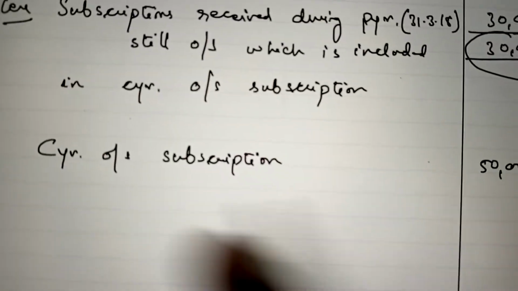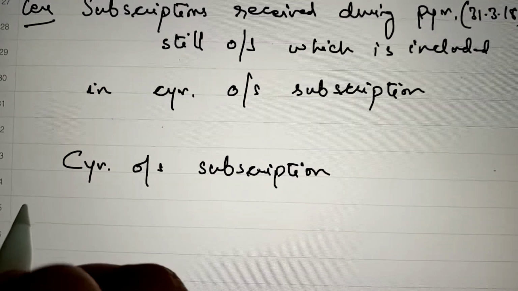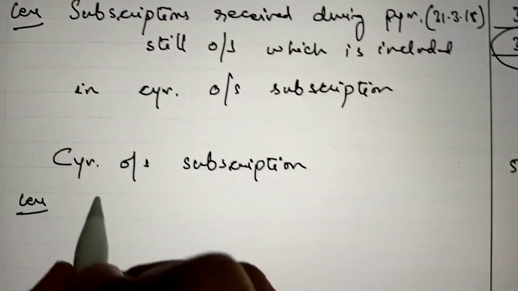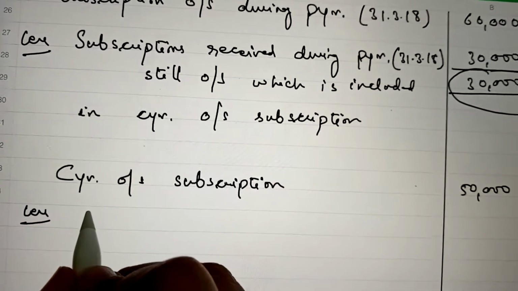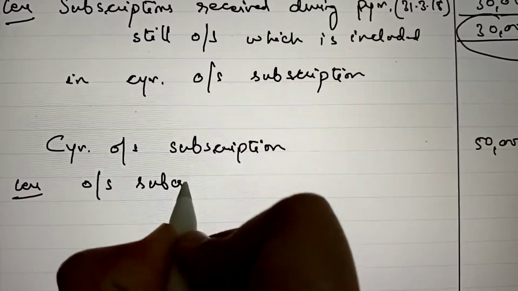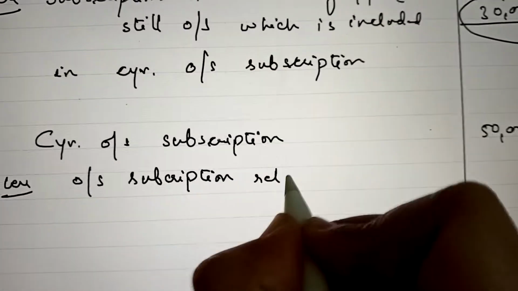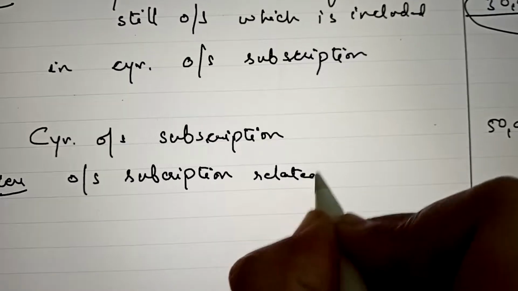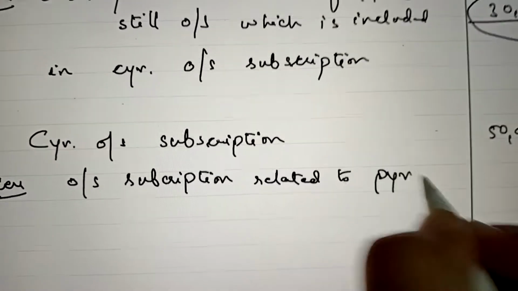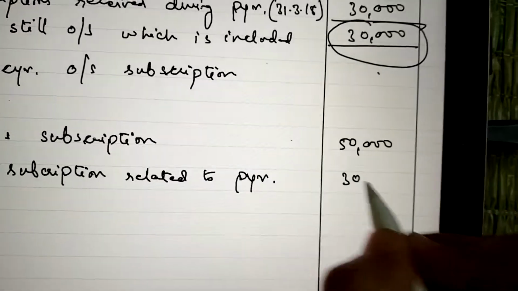So from the current year's outstanding subscription we will deduct outstanding subscription related to previous year, that is this 30,000 we will deduct from it.